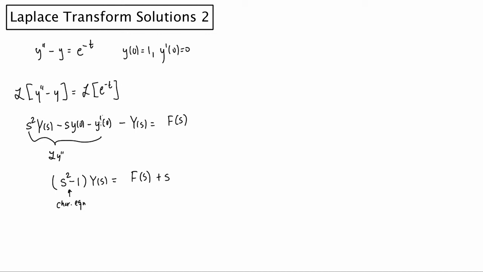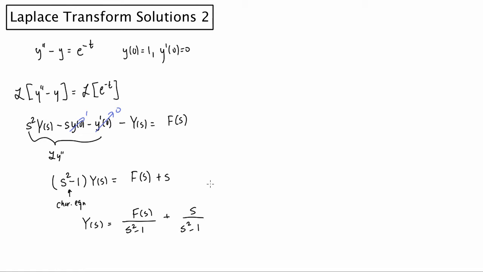And then here, minus y prime at 0, but y prime at 0 is 0. So this piece is 0, this piece is 1, and so at this point I am done. If I then solve for y of s, that gives me f of s over s squared minus 1 plus s over s squared minus 1.